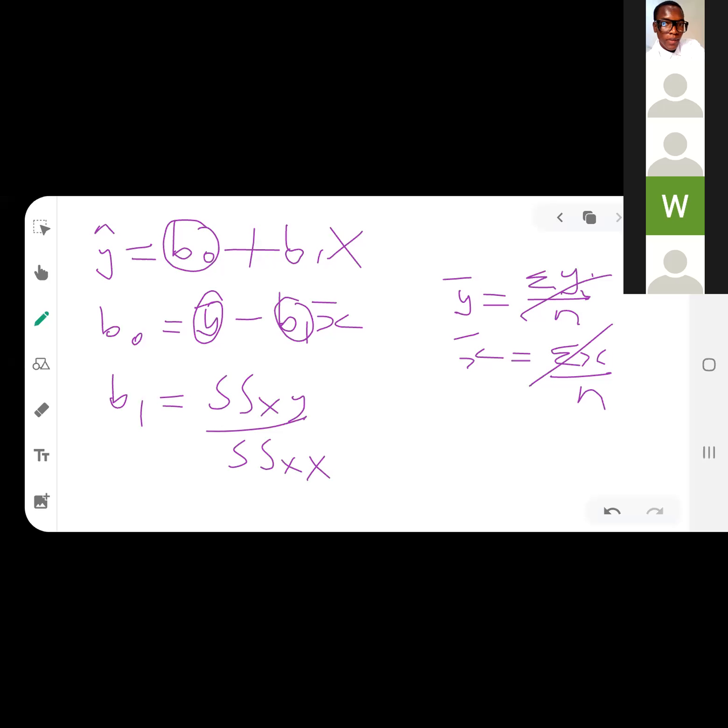Like I said, it's not easy for you to calculate this because there are formulas inside this formula. You have the formula for calculating B0, the formula for calculating B1, and inside it the formulas for calculating y bar, x bar, SSXY, and SSXX. And those formulae are very simple and straightforward.